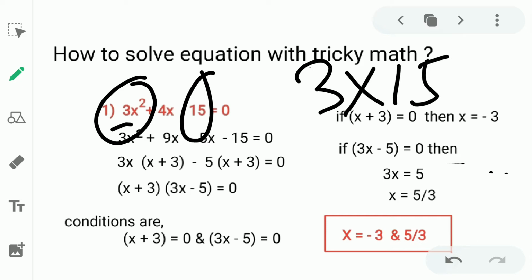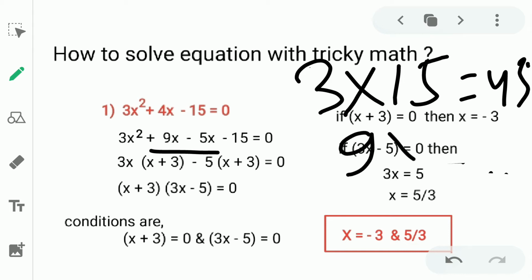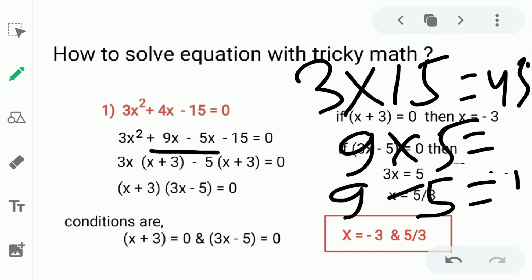Multiply: how much? 45. We can write this so that we get this result. So look here, 3 into 15 is 45, 9 into 5 is also 45, and 9 minus 5 equals 4.